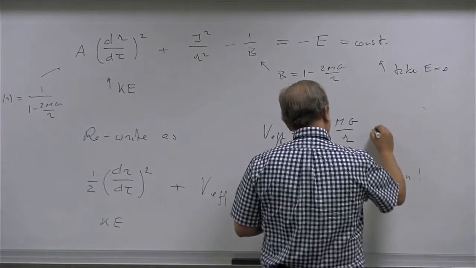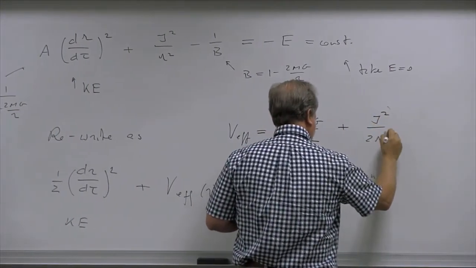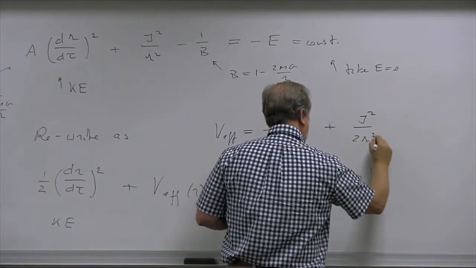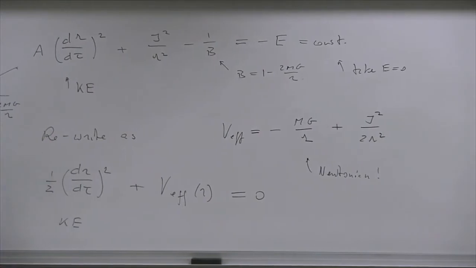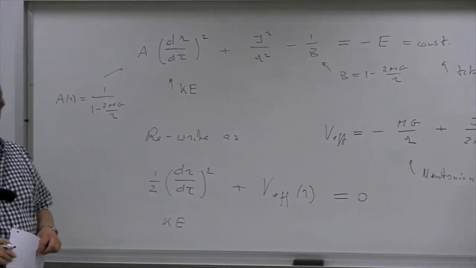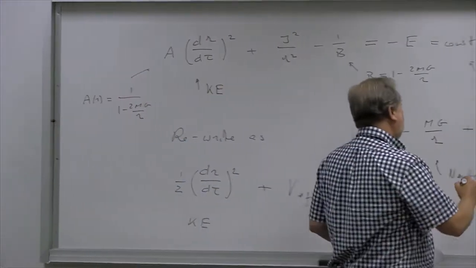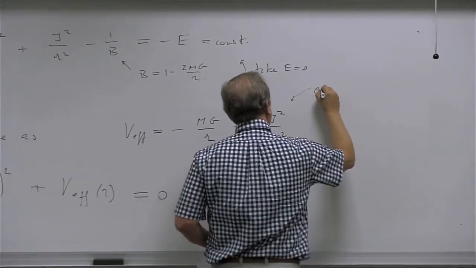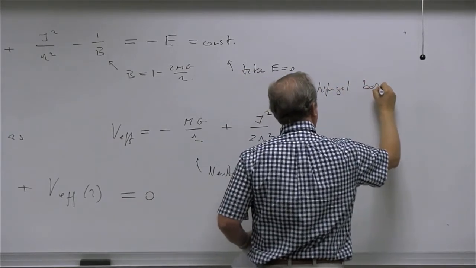And then there is a second piece, which is j squared over 2r squared, which is essentially this piece here divided by 2. And that, of course, we recognize, because that's the centrifugal barrier term. Centrifugal barrier term.